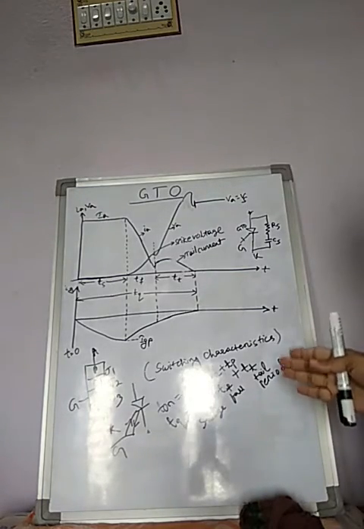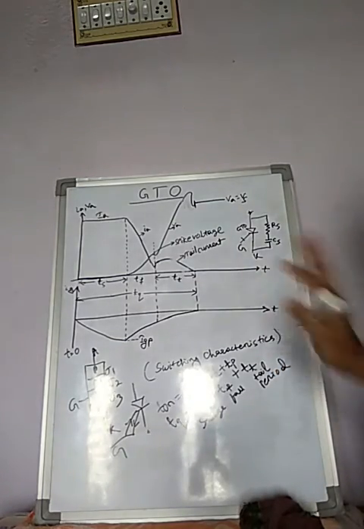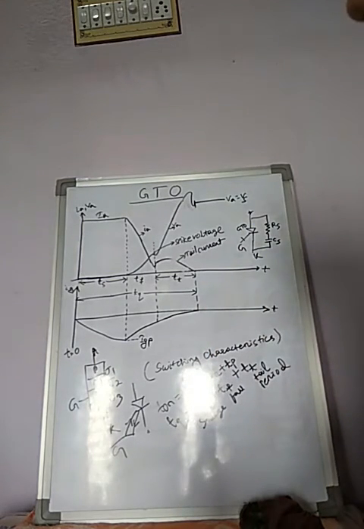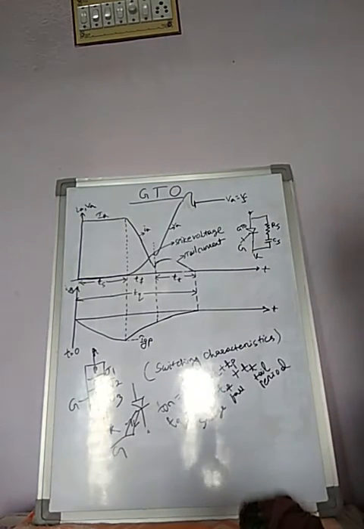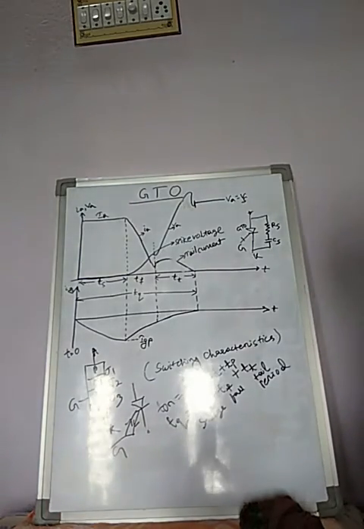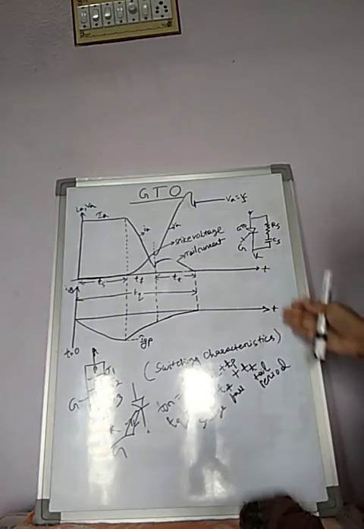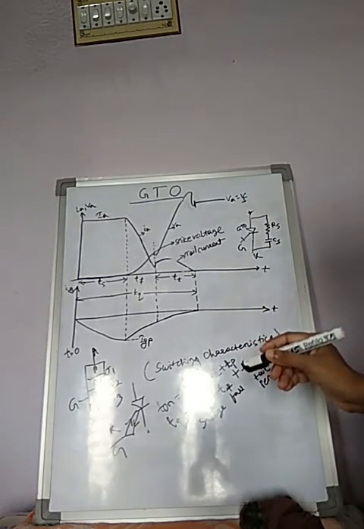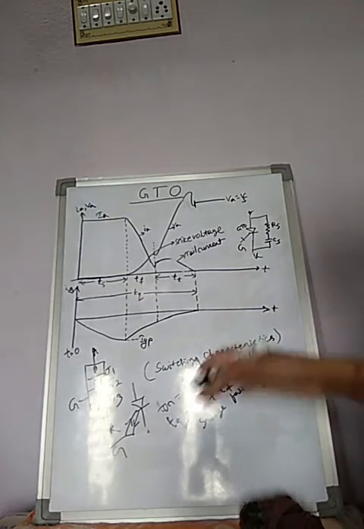After having all these demerits, this GTO device has some advantages over SCR also. What are the advantages? GTO has fast switching speed, and its surge current capability is comparable with an SCR.